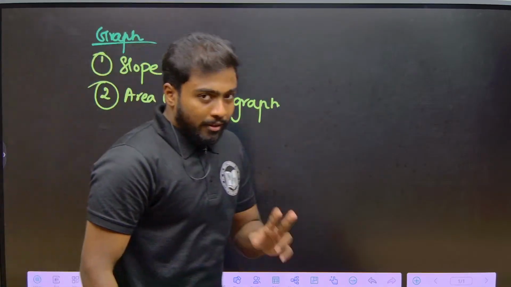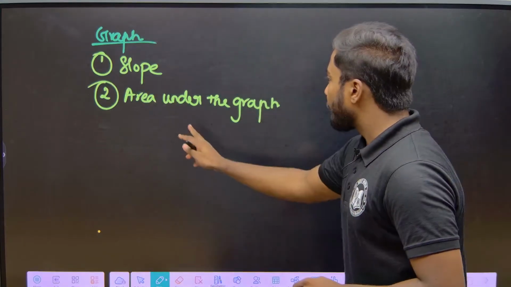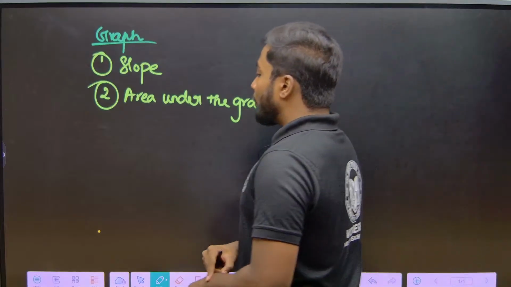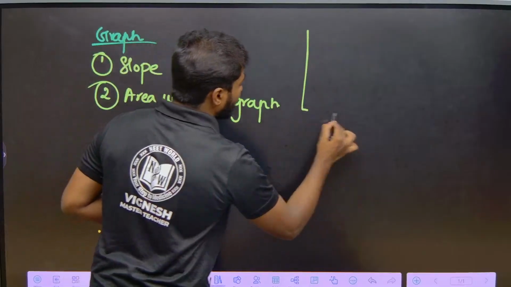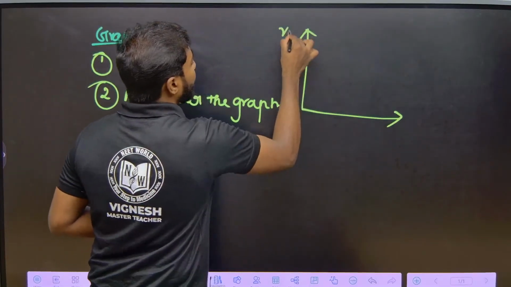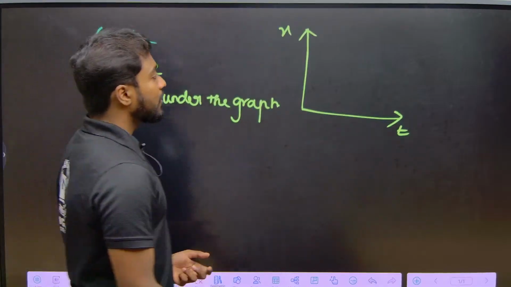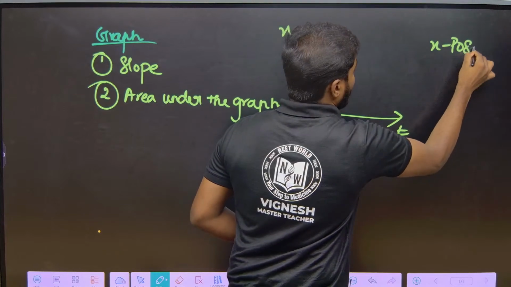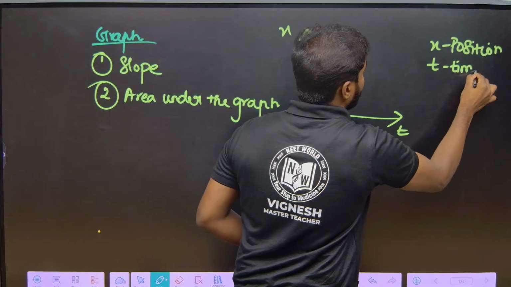When we talk about the graph, there are two important points: one is slope, the second is area under the graph. Next, I'll show you the different graphs here. For example, x versus t. What is x here? Position, right? x is nothing but position and t is time.